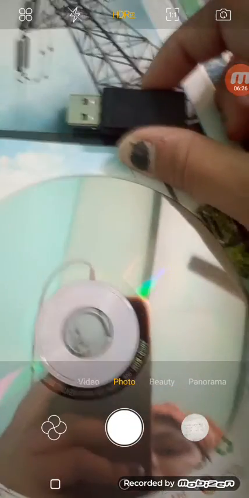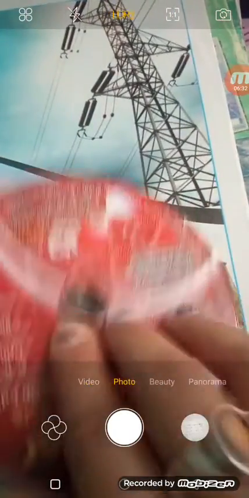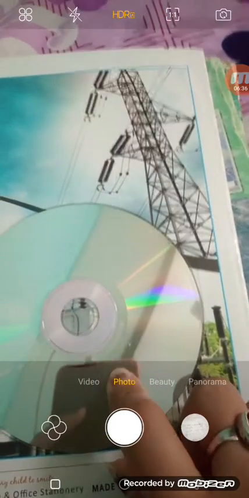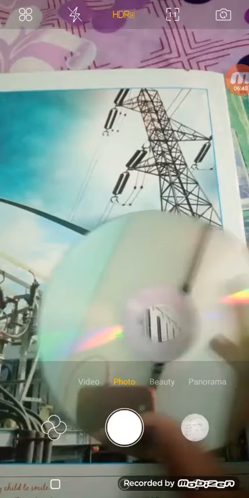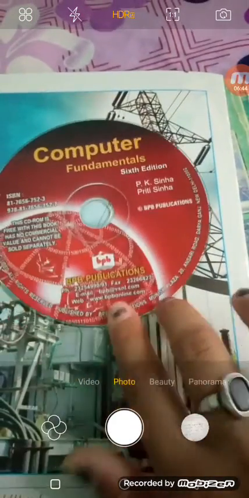See, and the other one is a CD. See this. This is a CD. We have all seen CDs at our homes also. CDs and DVDs just look like this.